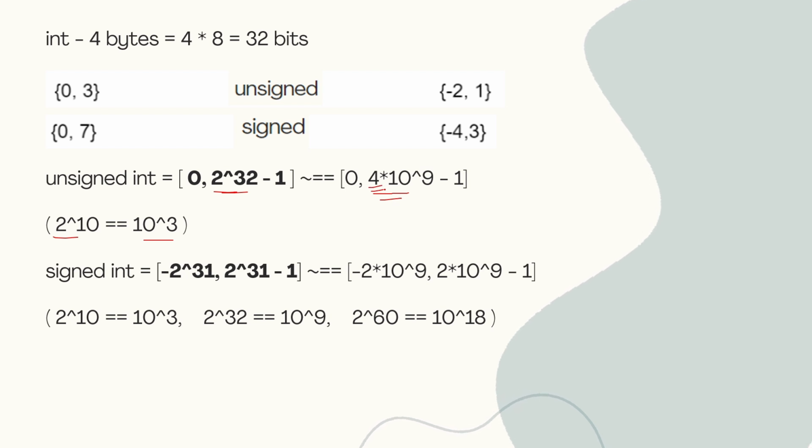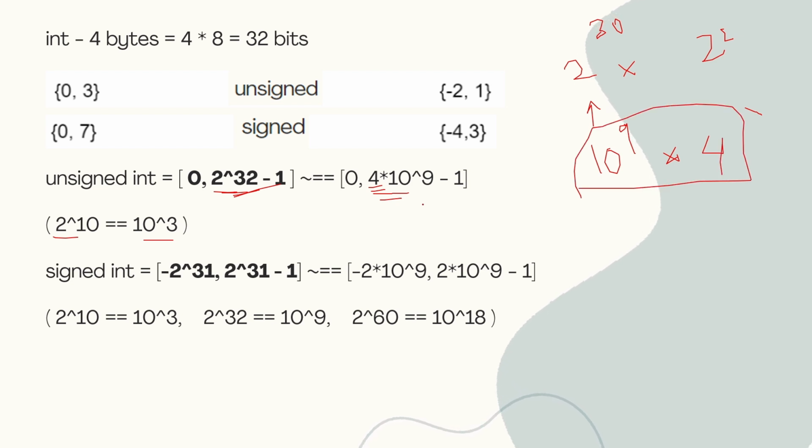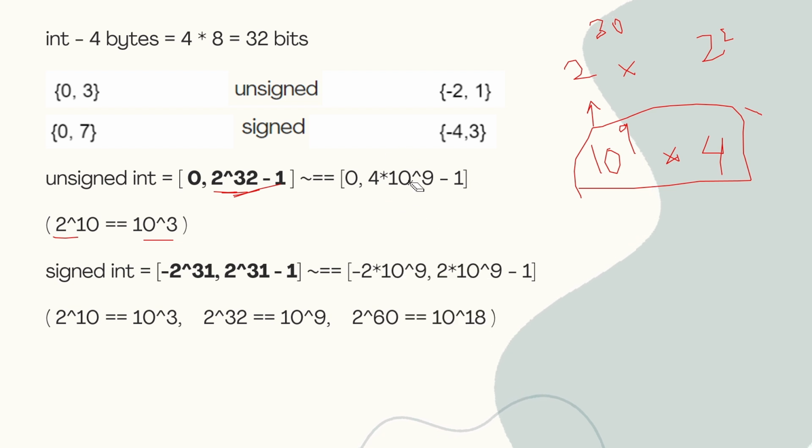Why did I write 4 here? 10 power 9 is 2 power 30, but you have 2 power 32, which means you have 2 power 2 extra. 2 power 30 into 2 power 2 is 2 power 32. So you need to multiply this 10 power 9 with 4. That's why I've written 4 into 10 power 9, and minus 1 is as it is.